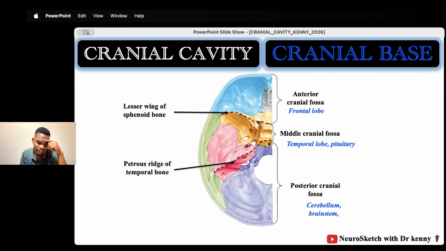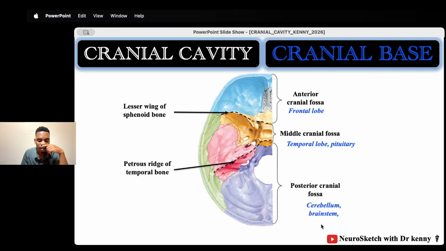So this is the sella turcica, and it houses the pituitary gland, because the pituitary gland sits in the sella turcica, and it also houses the temporal lobe of the cerebral hemisphere, on this side and also on the other side. And then your posterior cranial fossa will house mainly the cerebellum and the brainstem.